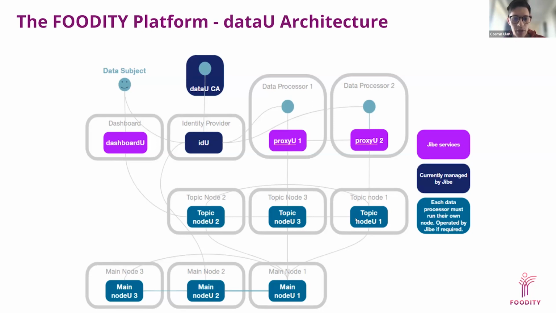These topping nodes are made for scaling the platform better and also for categorizing the data in different sectors, different fields. I forgot to mention that the identity provider has a certificate authority behind it, which is the main authority, managed in the DataU. And I think this is it.